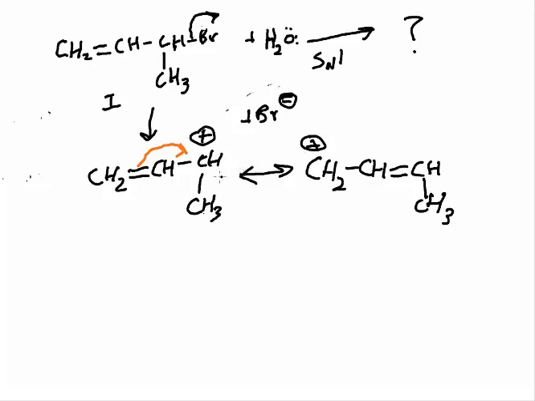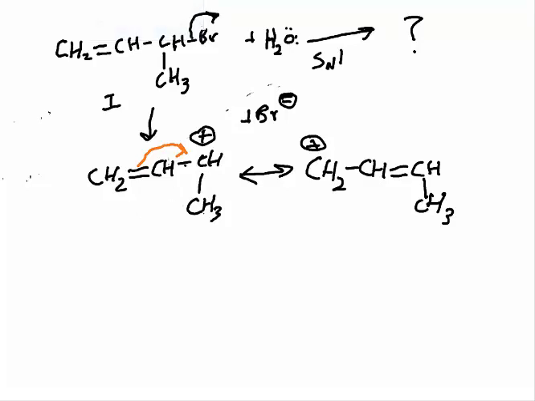I'm going to take each one and do the reaction of each one and see what we get. I know that resonance structures don't exist, but I'm going to pretend that they do and follow through with that. And when we do that, this is a good way to actually figure out the different products for the reaction that you'll get.